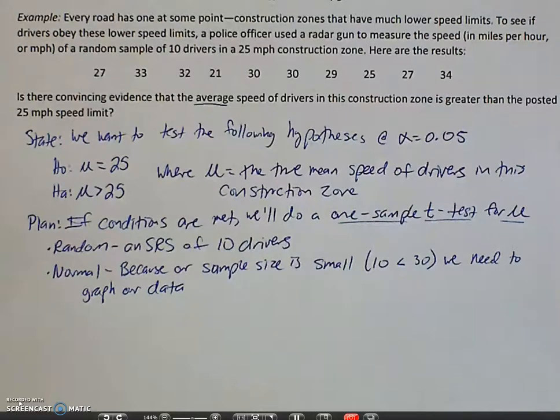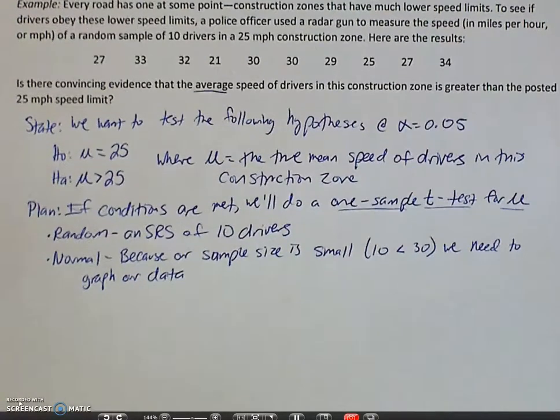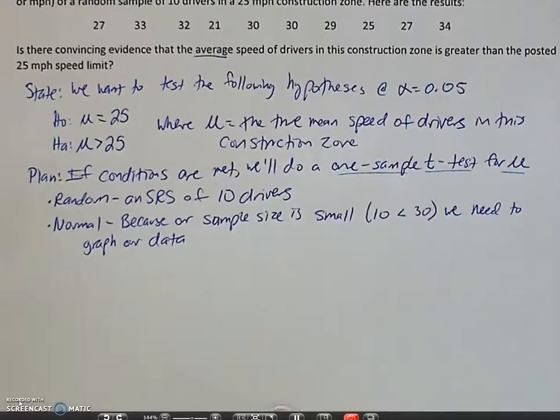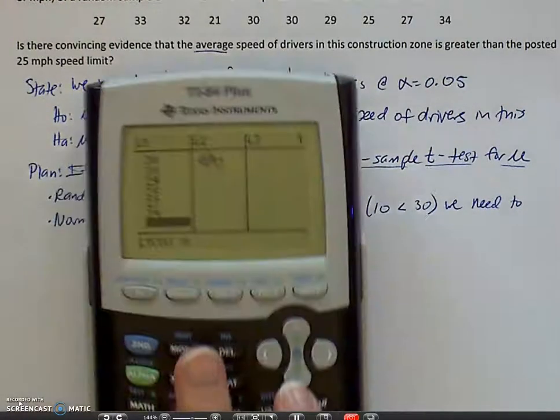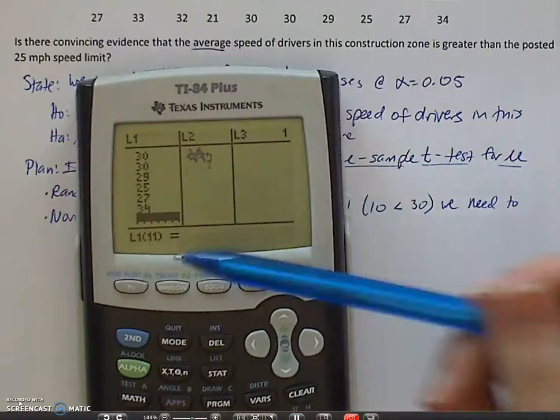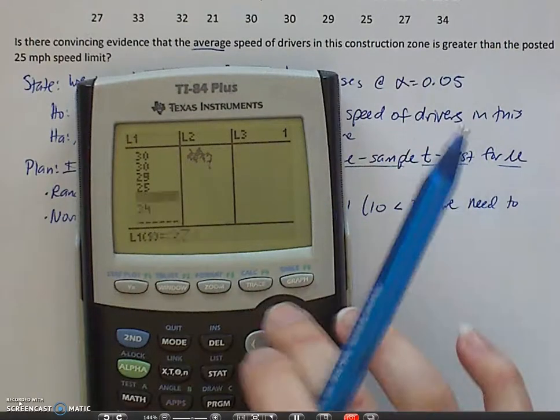I'm going to do a box plot here, a box and whisker plot, simply because when I do that, it will show me if there are any outliers. And that's one of the things we check for. We check for outliers and we check for skew. So in my calculator, I entered in my 10 data values. Make sure you enter them in correctly.